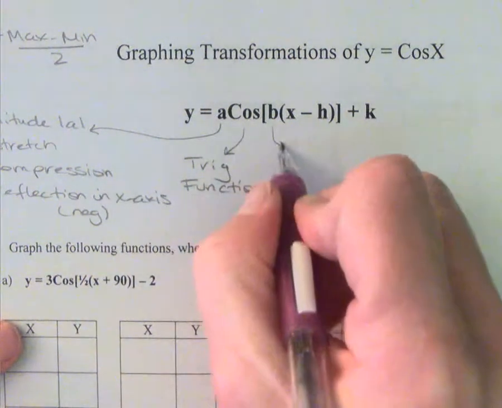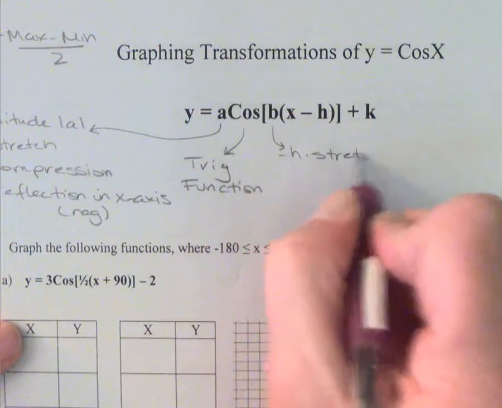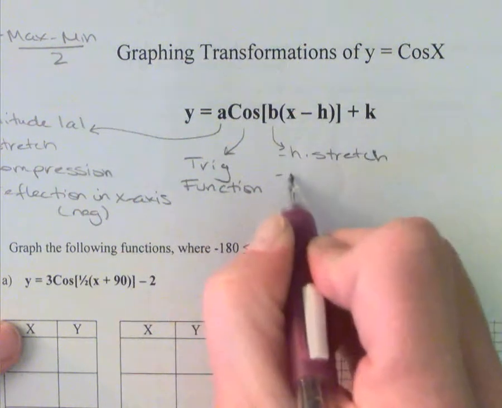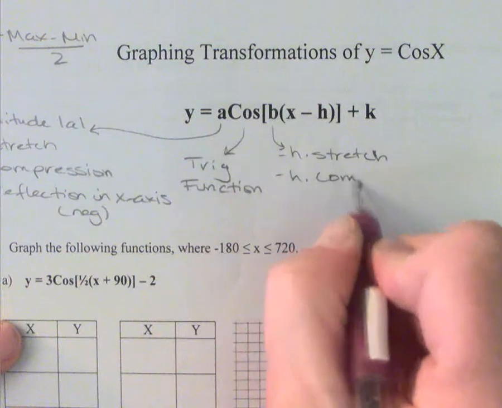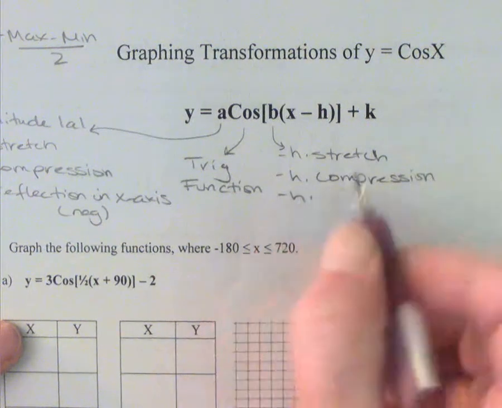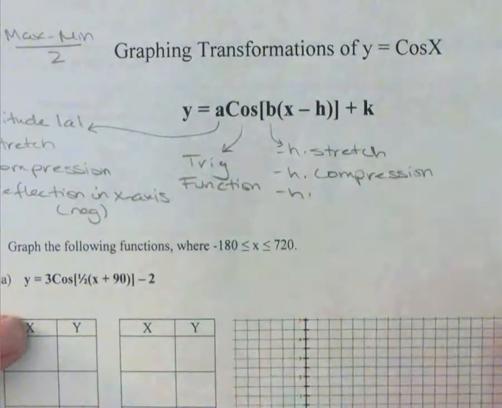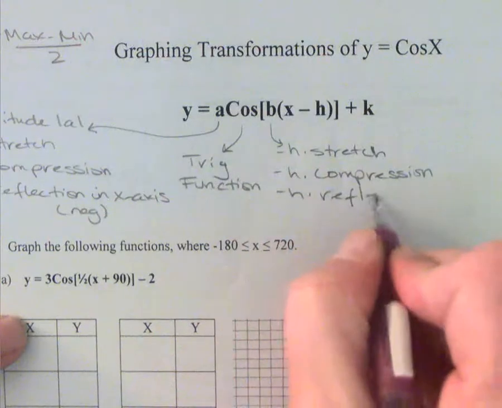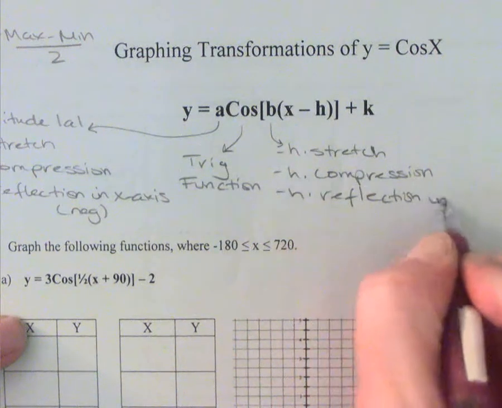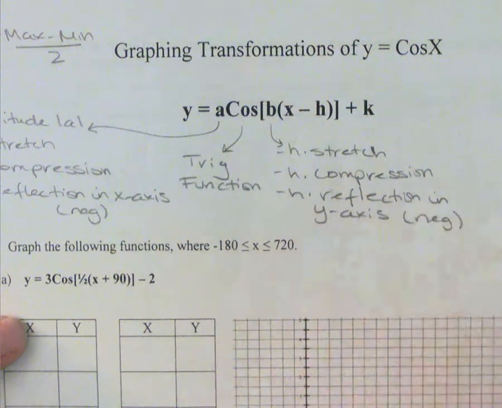Our b value is our horizontal stretch, our horizontal compression, or we can get a horizontal reflection in the y-axis if there's a negative in front.